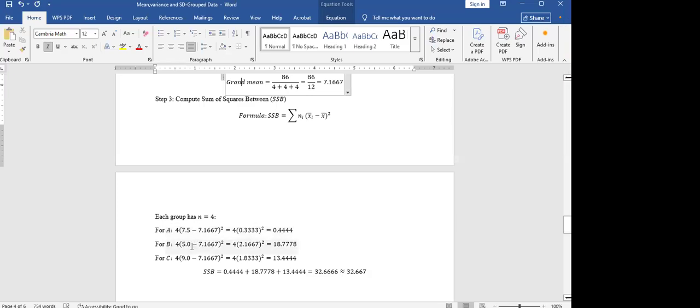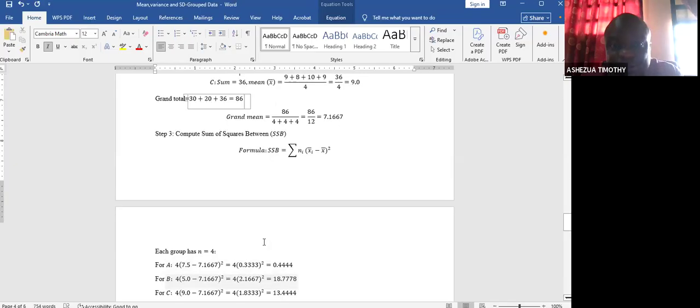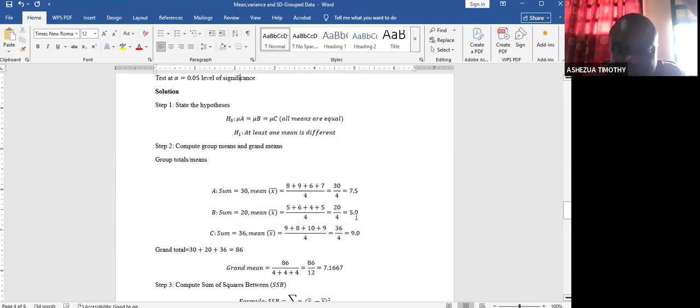Now for B. No question. For B, you have 4 into the mean up there, which is 5, minus the grand mean, squared. This is the mean for B. This is the grand mean.